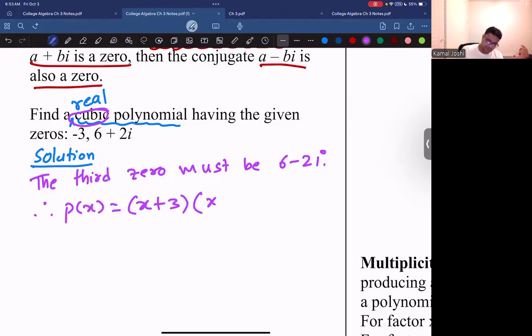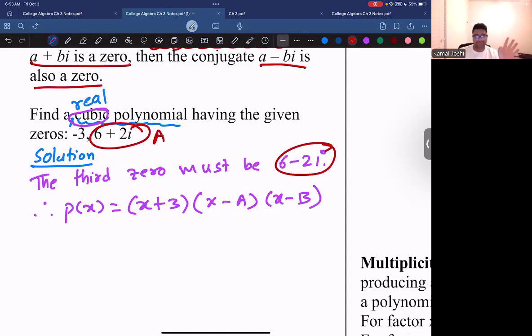I'll just call the other two factors x minus a and x minus b for now, where this is my a and this is my b.